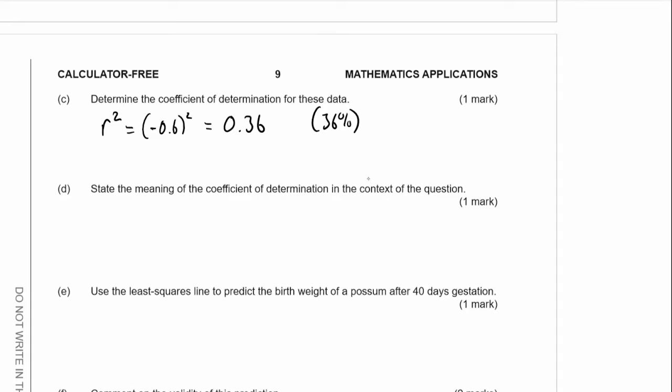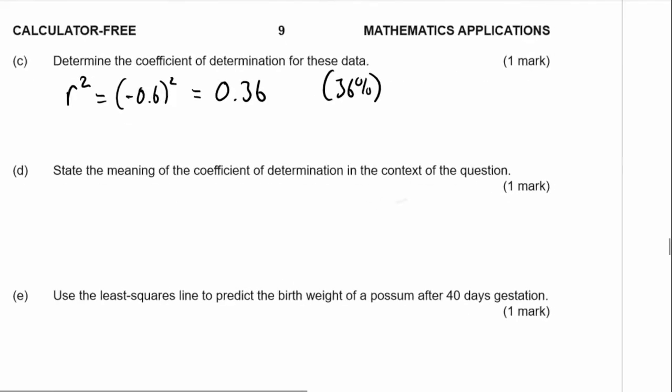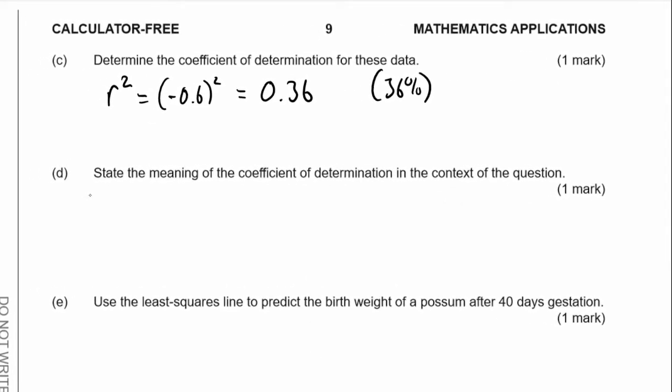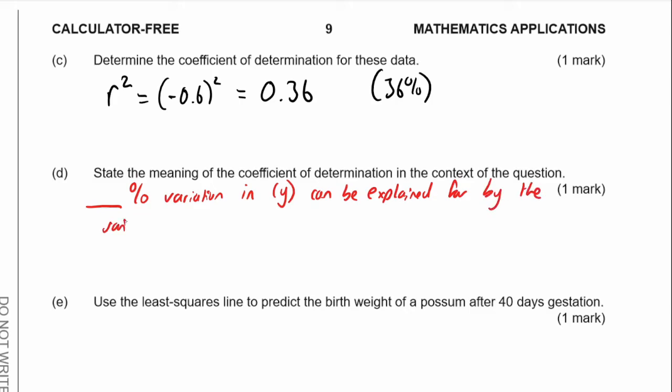State the meaning of the coefficient of determination. So this is another standard response. And the standard response is in red. So what we would say is, let me just try to zoom in a bit. There we go. Whatever the percentage, variation in whatever the y variable is can be explained by the variation in whatever the x is.